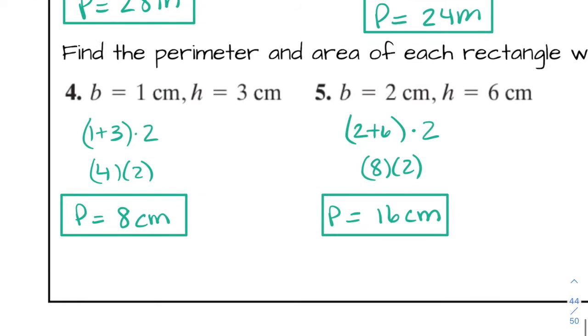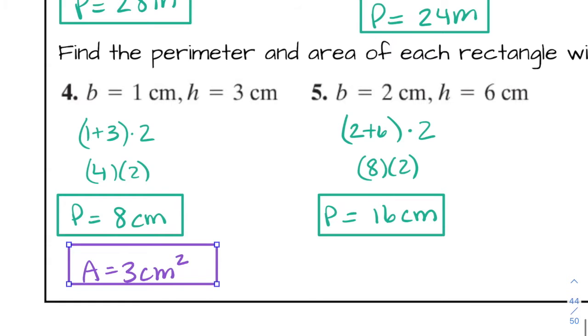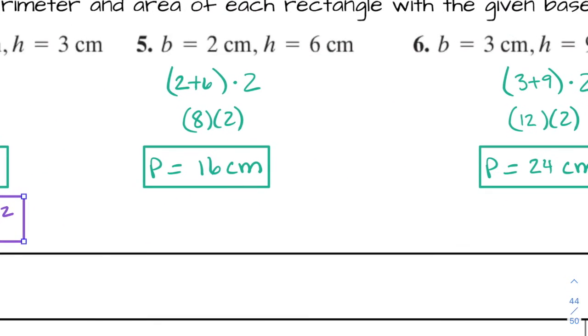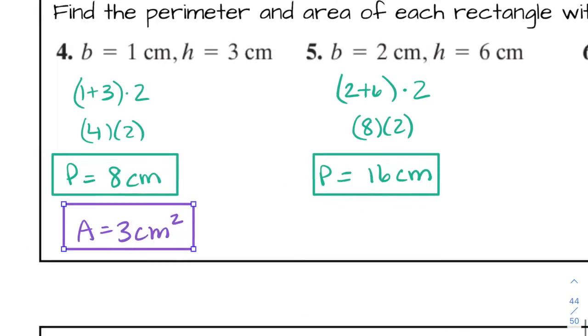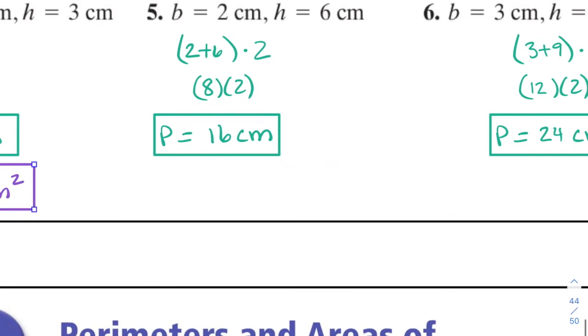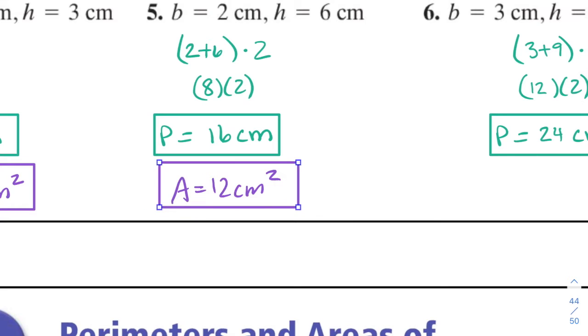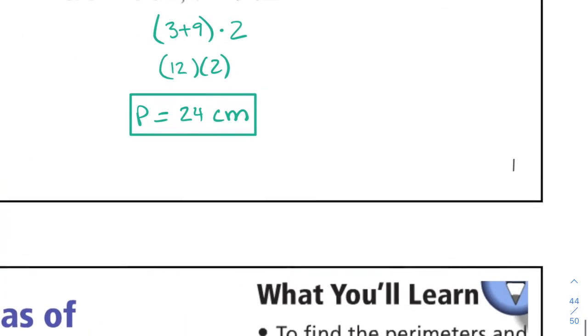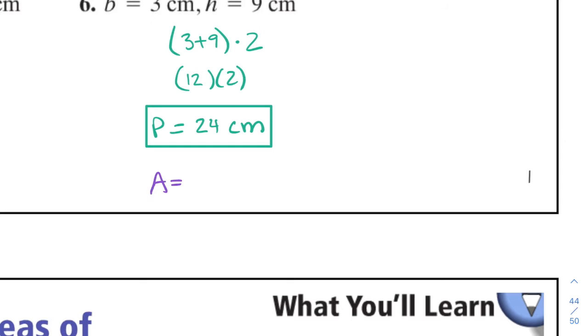So area for these, 1 times 3 is 3. 6 times 2 is 12, so area is 12 centimeters squared. And area here, 9 times 3 is 27 centimeters squared.